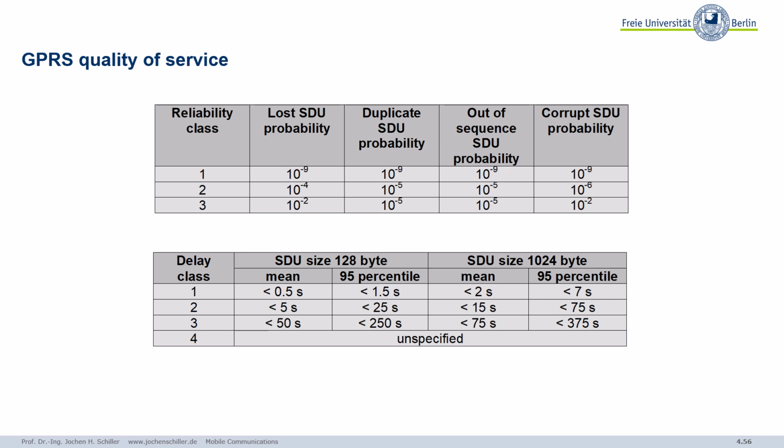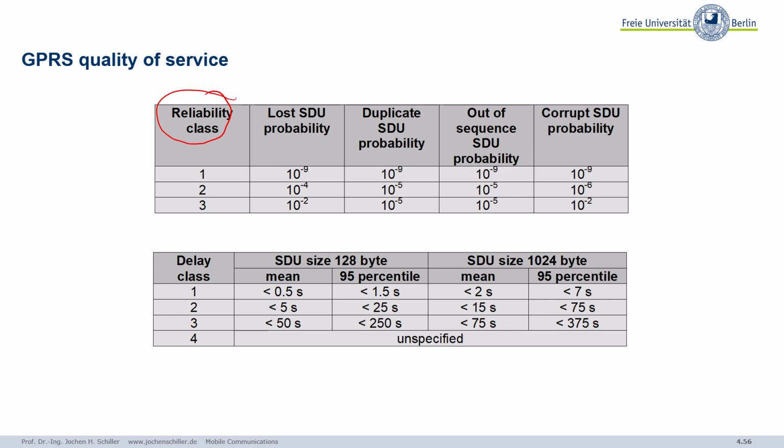So if you look, for example, at the loss probabilities, so the lost service data unit probability or duplicate service data unit probability or out of sequence probability, corrupt SDU probabilities, then you will see, depending on a so-called reliability class, this is not something like 10 to the minus 10, 12, 15, whatever, like you might have in fixed networks, but these are probabilities magnitudes of order lower.